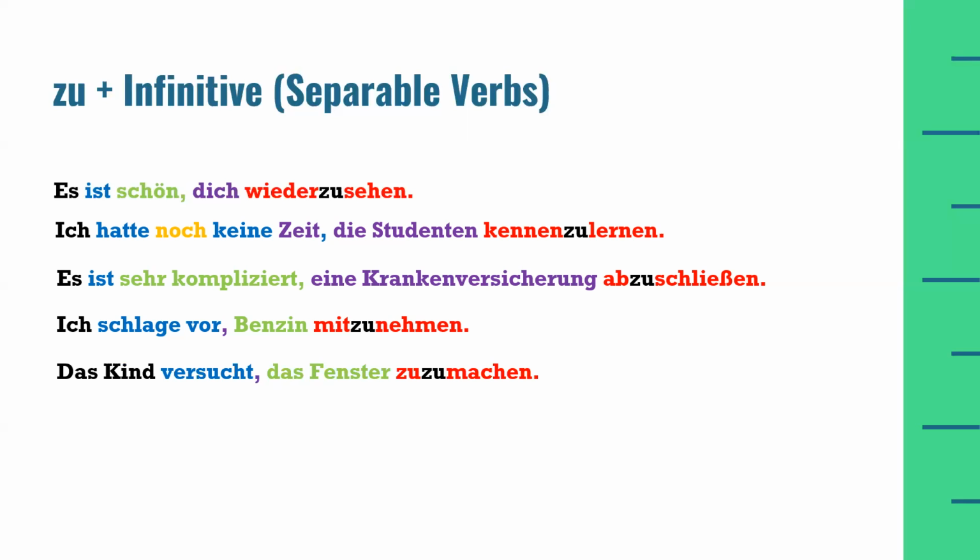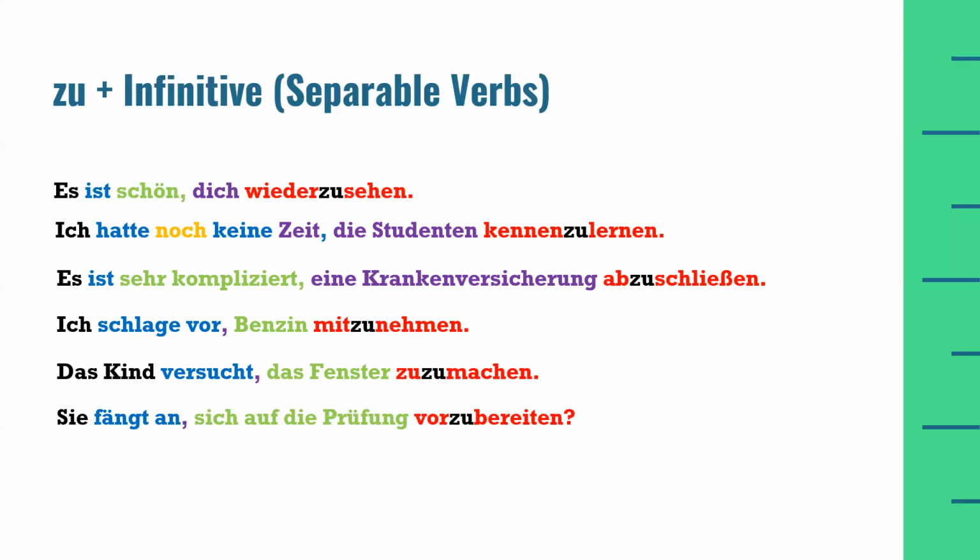Since this zumachen verb is a separable verb, and we are using zu plus infinitive, we have to put the second zu in between the first part of the separable verb and the second part. So the first part is zu, then comes the zu plus infinitive zu, and then comes the second part of the separable verb, which is machen.